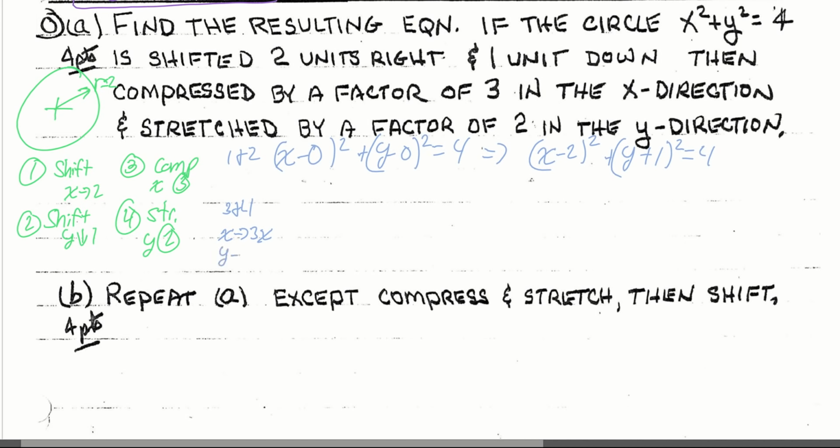So for y, we'll go to y over 2, which makes our new equation 3x minus 2 squared plus y over 2 plus 1 squared equals 4.